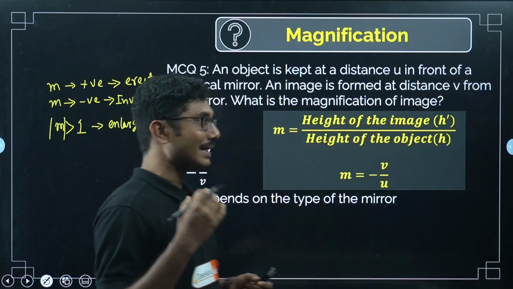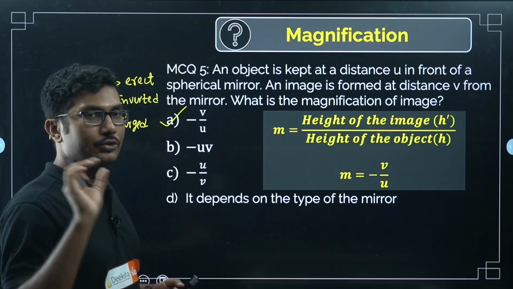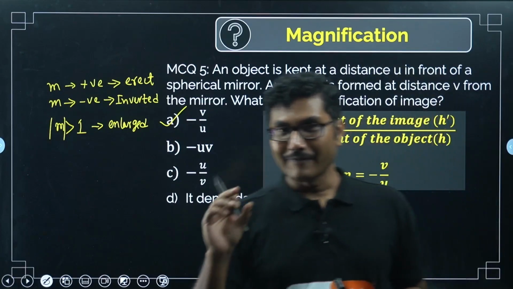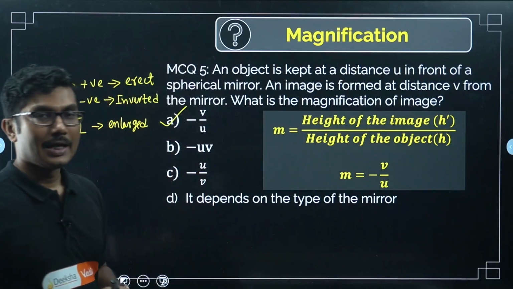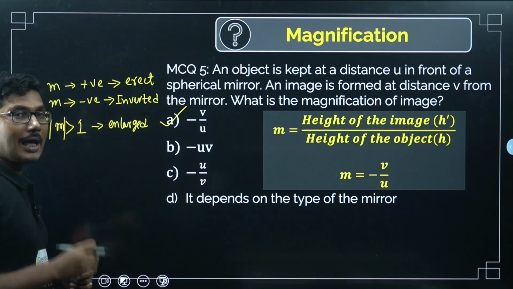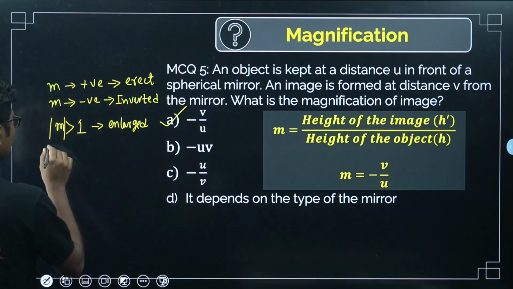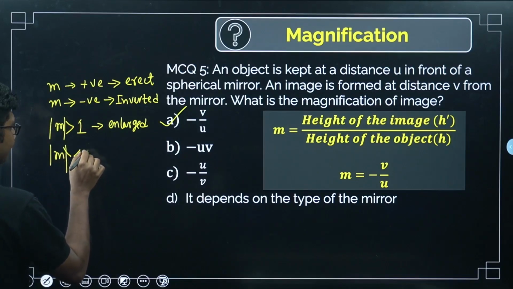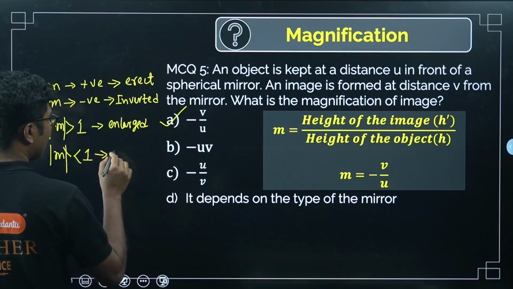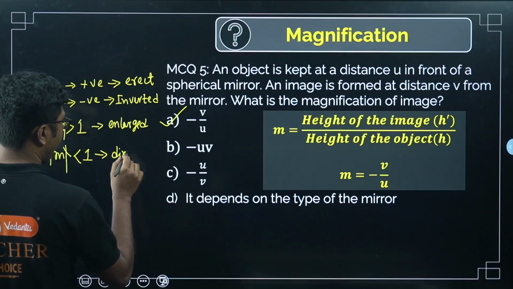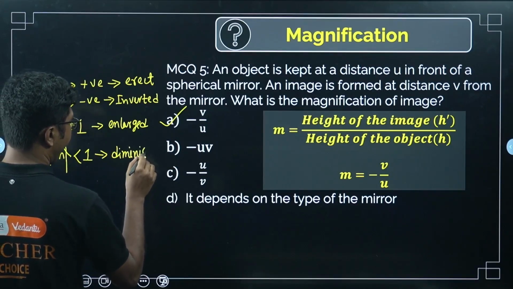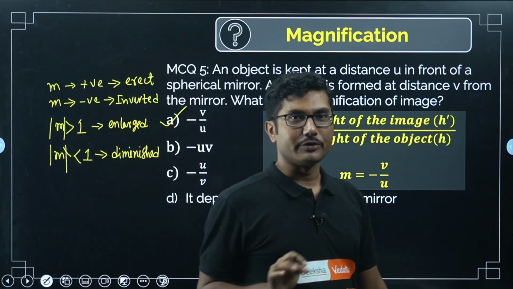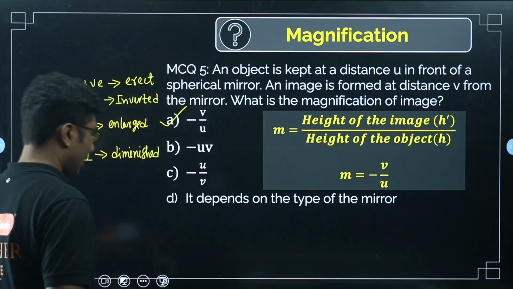If the value you are getting, 2, 3, 4, 0.5, 0.6, whatever the sign, is greater than 1, then we call it an enlarged image. Similarly, if the value is less than 1, then it is a diminished image. These are the 4 points that you need to remember about magnification. Now let's move on.